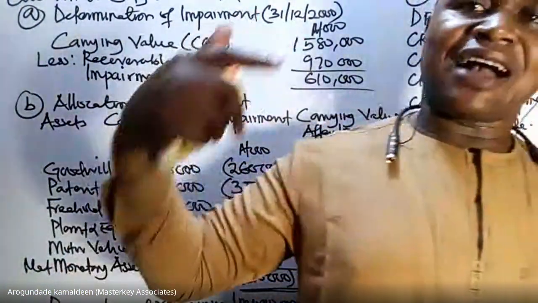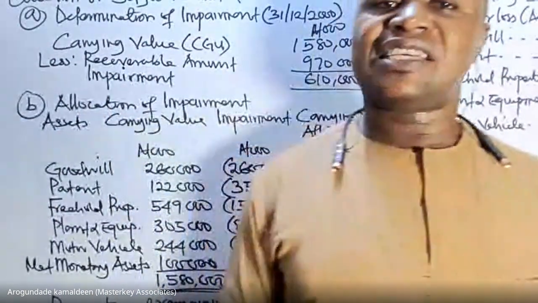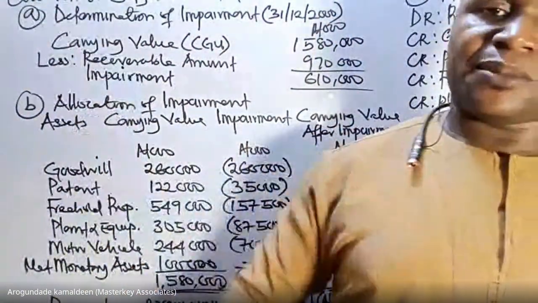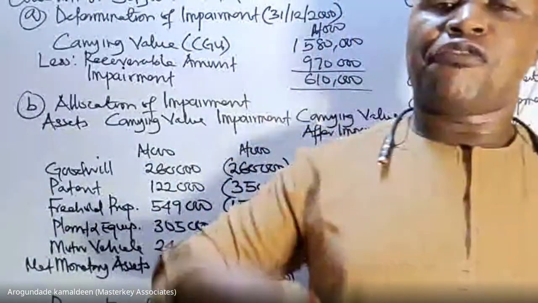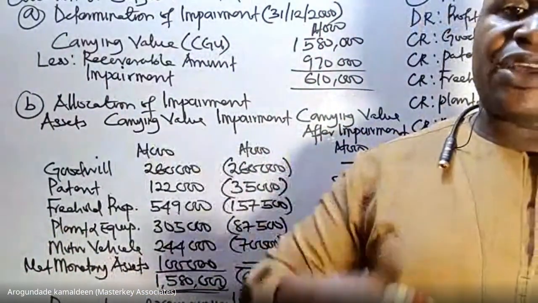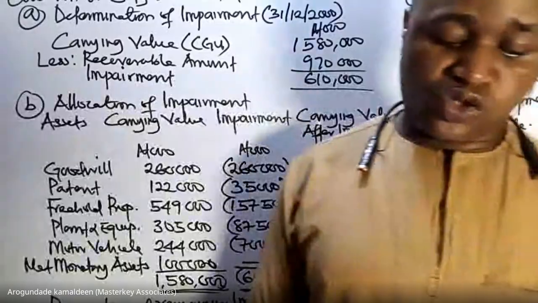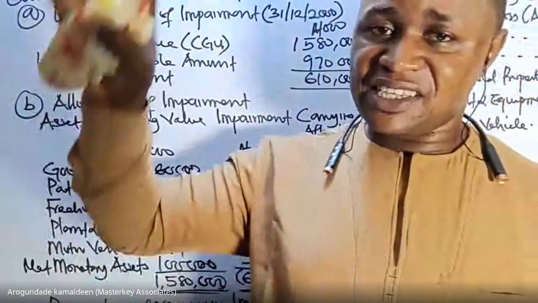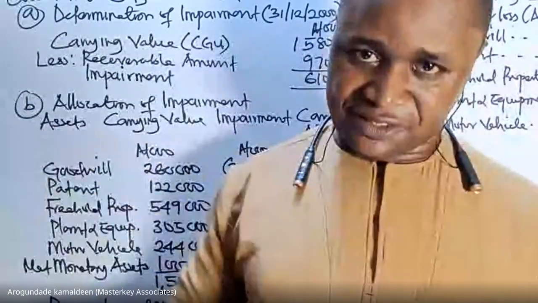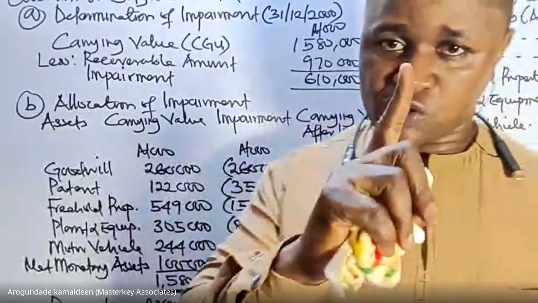The initial carrying value was 3 million of the whole thing. But after this ugly incident, the value in use for the whole thing is 2 million on the 1st of February 2000. This is when we had these incidents. Point 1.